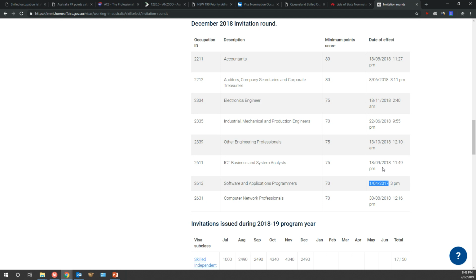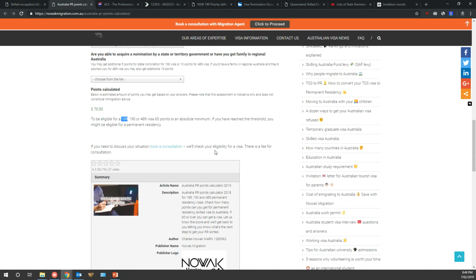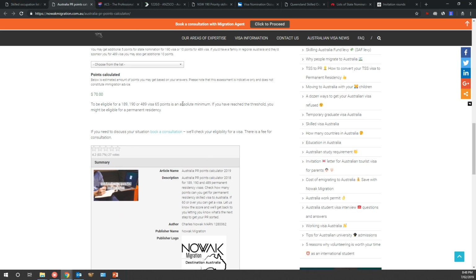So if you would like to be considered for 189 for any of those occupations from the 2611 group or 2613 group, 75 is the absolute minimum to get an invitation for 189 visas. So even 70 points would not be enough.